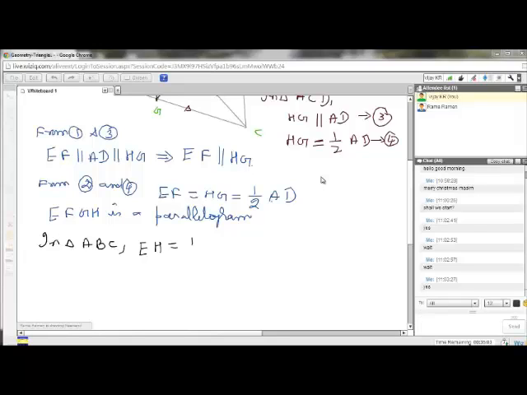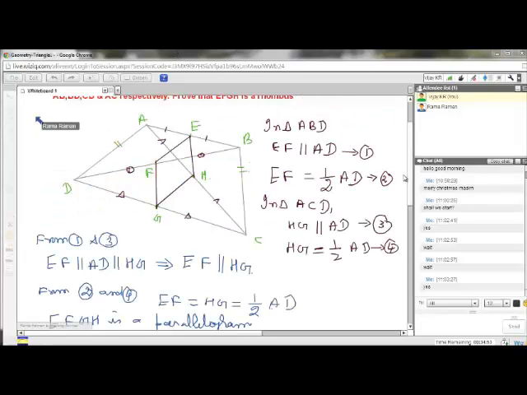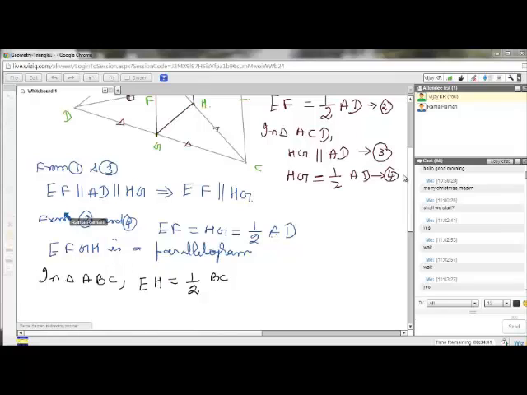EH is half BC. But then you may see, according to the data, BC is equal to AD. BC is given to be AD, so I am going to replace BC by AD. So I will write half of AD instead of BC. But see, we have proved one particular segment to be equal to half AD.